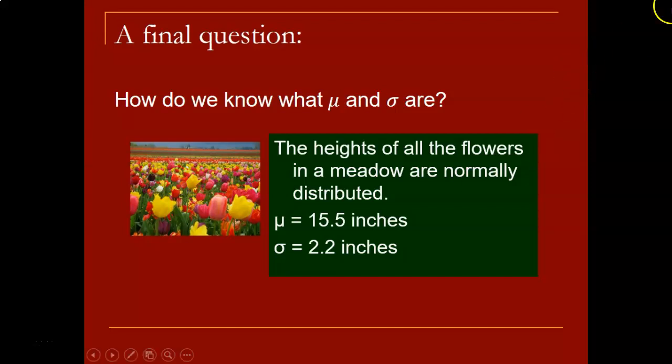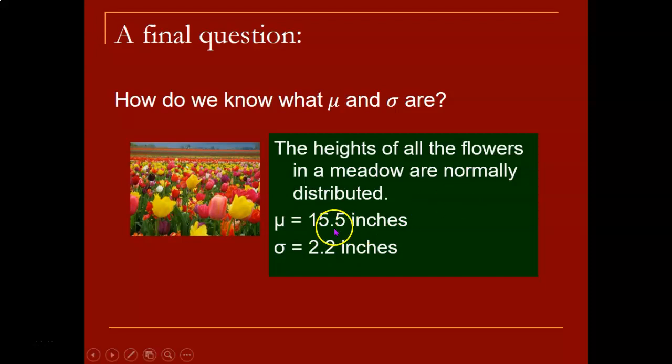But if this had been a real-world example, based on an actual meadow full of flowers somewhere in the real world, then the only way you could know for sure exactly what these numbers are is by going out and measuring all the flowers in the meadow.